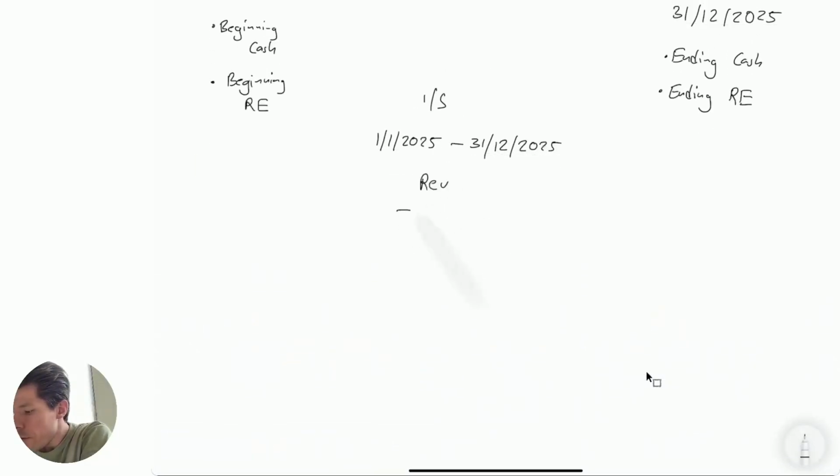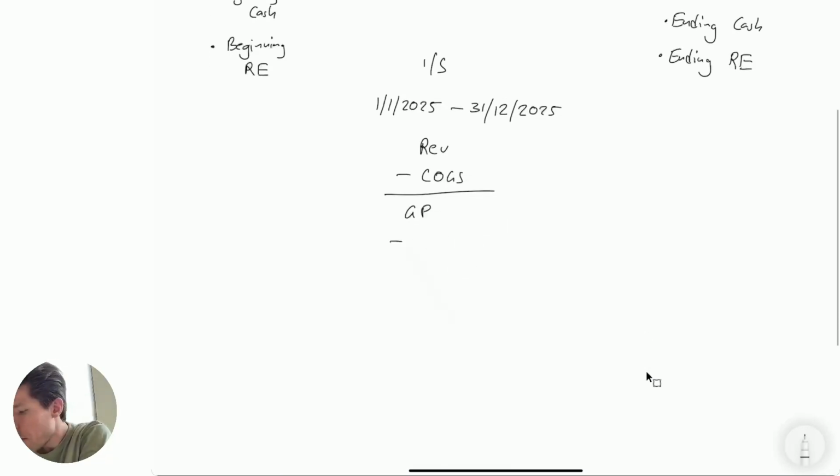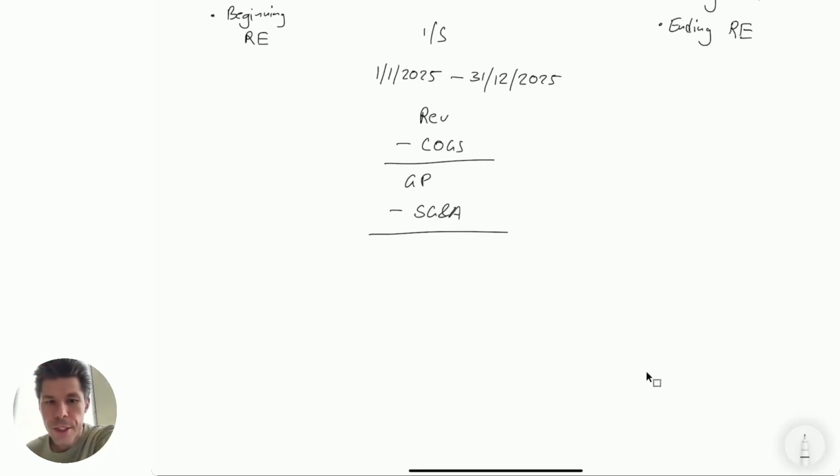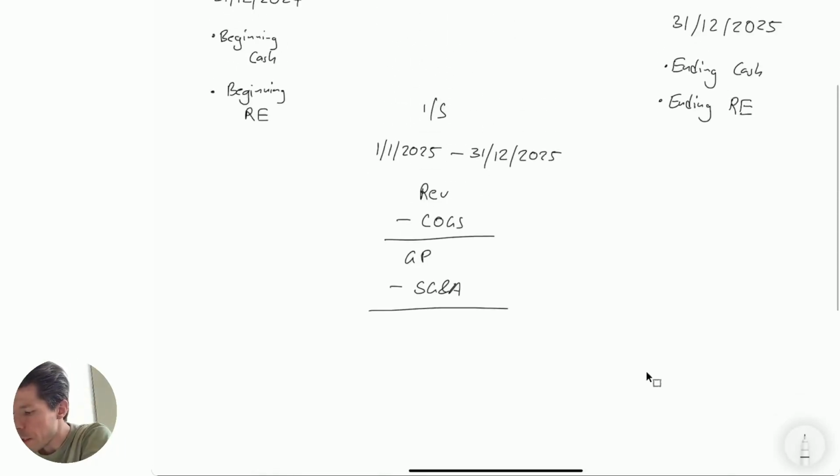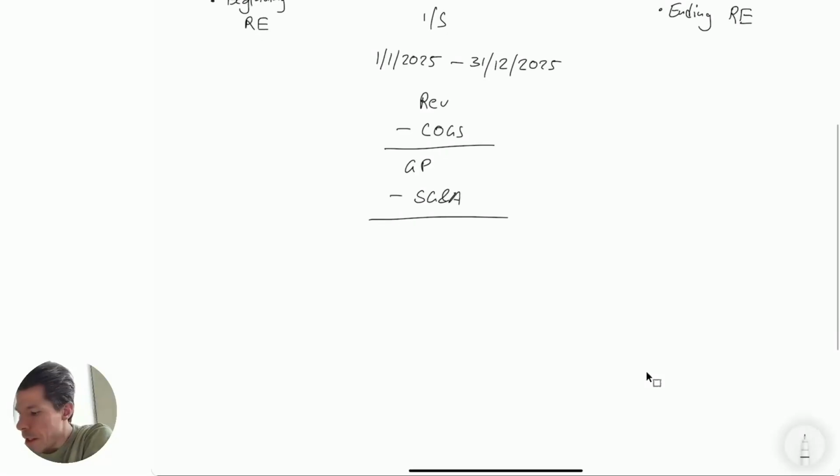As you know, revenue, cost of goods sold equals gross profit or gross margin, minus SG&A. Then you have your EBIT. I'm not going into detail on depreciation and amortization, but then you have your operating income, sometimes called EBIT, operating income. Then you have your interest expense.